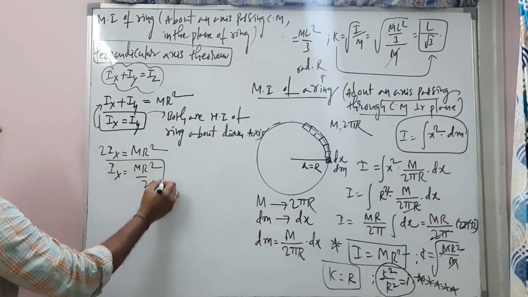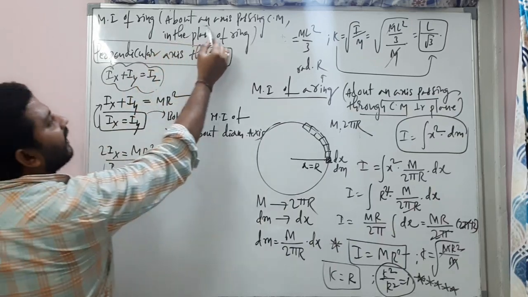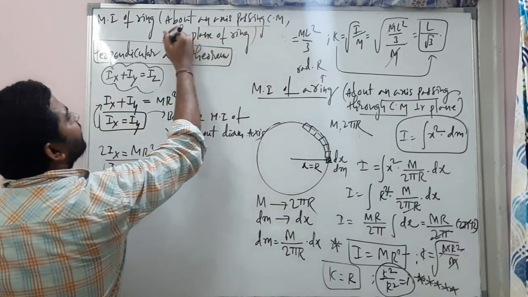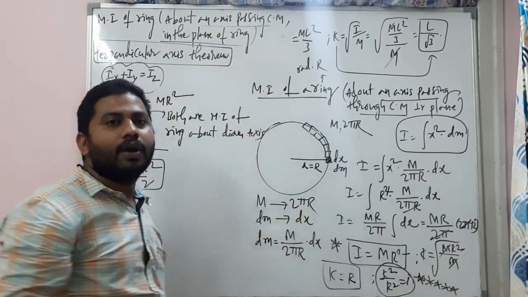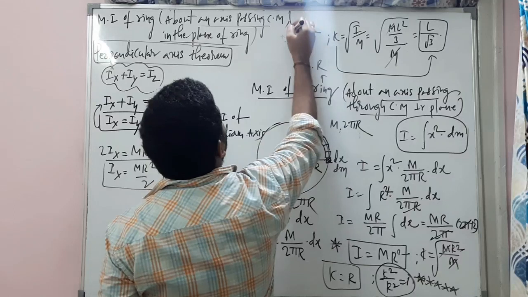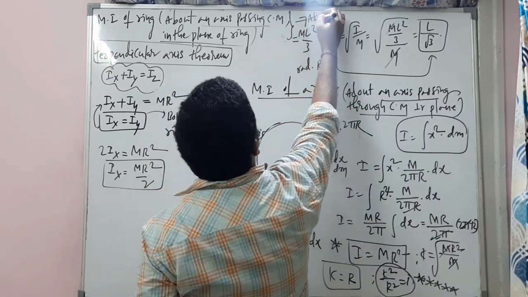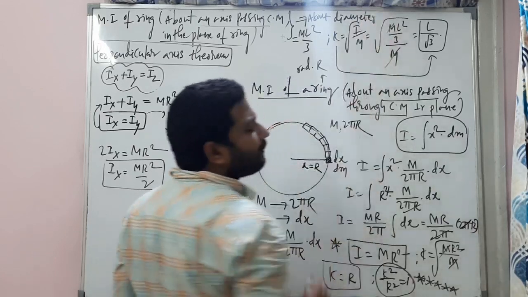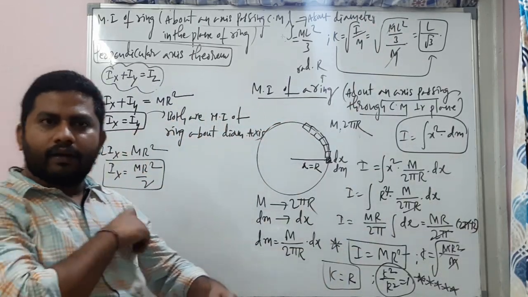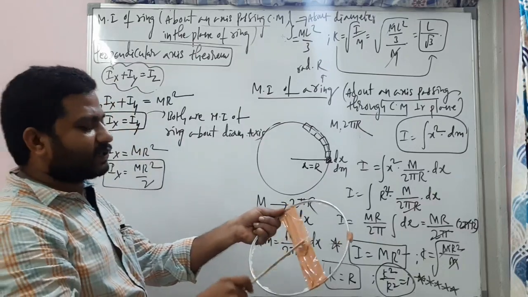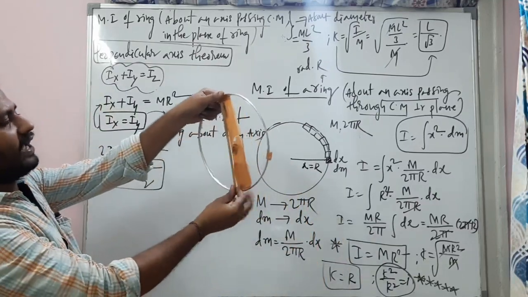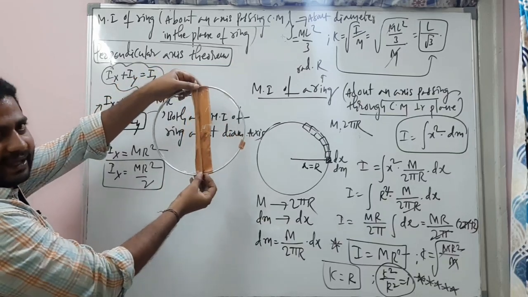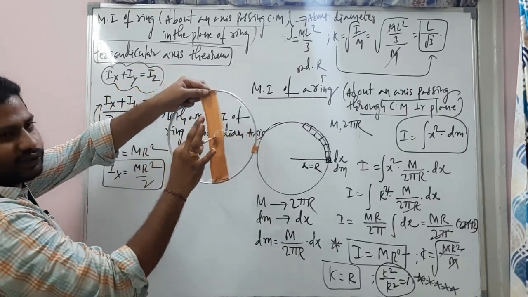My dear students, moment of inertia of a ring about an axis passing through the center of mass in the plane of the ring, that is, about the diameter. This is the center of mass point. See, now let's take Iy. This axis is passing through the center of mass.